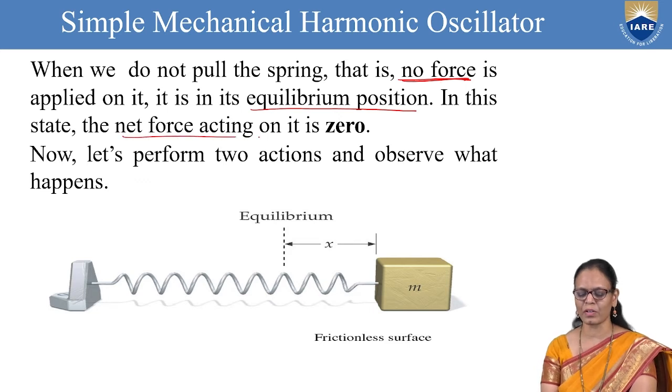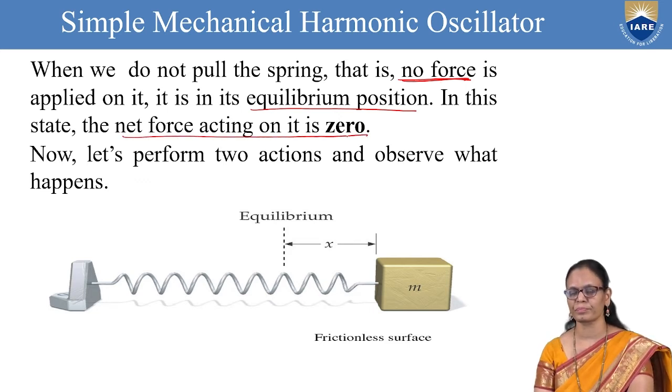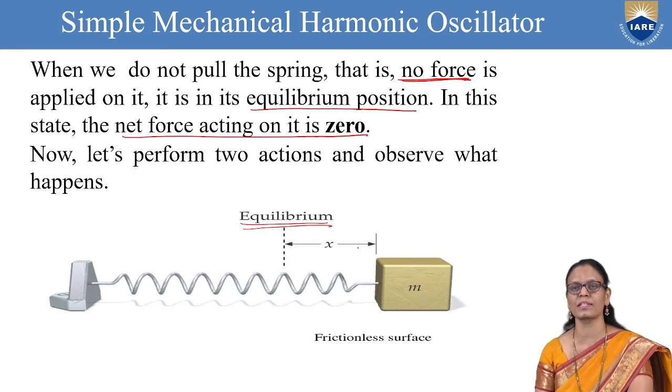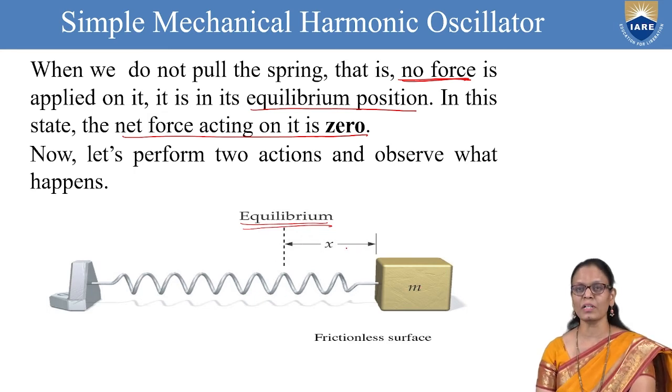The net force acting on it is 0. So whenever there is no force, the object is in the equilibrium position, and after moving through a distance x, it is displaced from it.